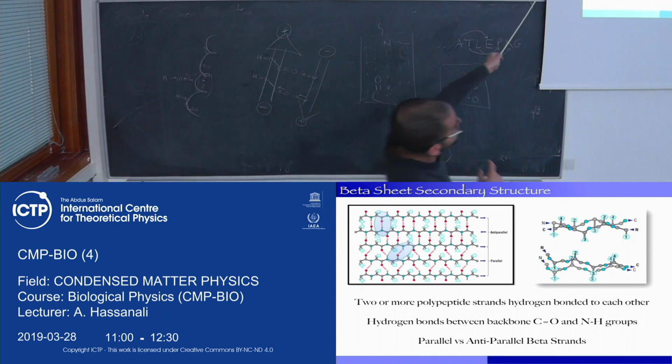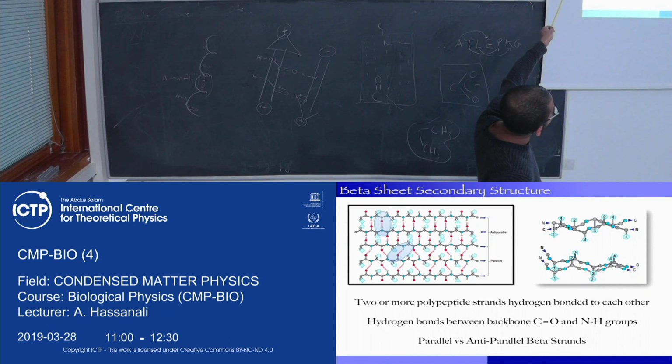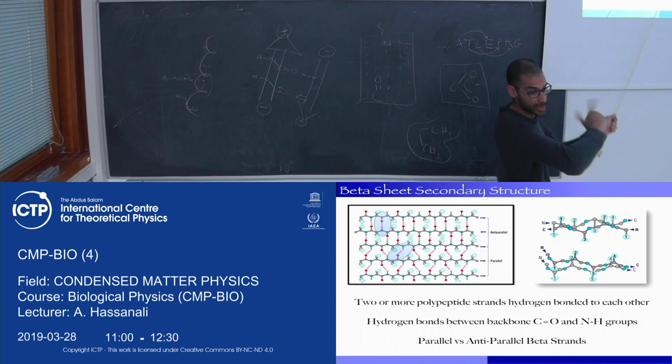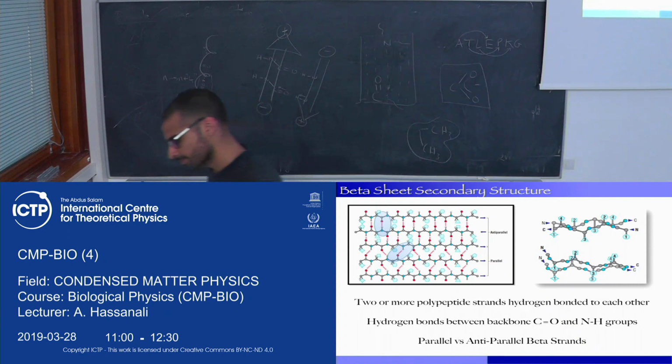In the beta sheet, you have hydrogen bonds that form across different strands, and they try to form linear hydrogen bonds. But they may not be commensurate. Sometimes there might be defects, which will misalign the hydrogen bonds. So the beta sheet is, in some sense, quote-unquote simpler in terms of its morphology. The only thing to remember is that it can be in a parallel or anti-parallel conformation.